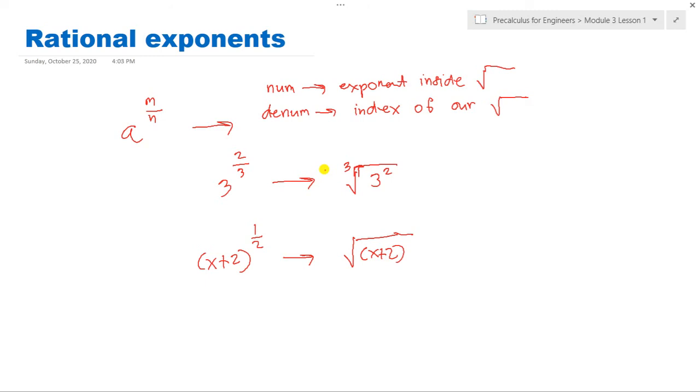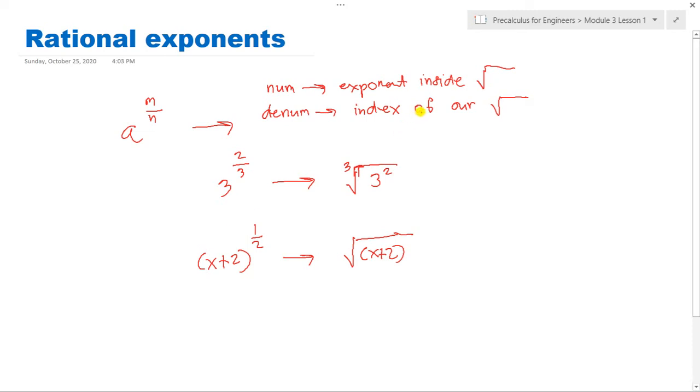And then for rational exponents din class, ma-apply mo rin yung mga laws ng ating exponents kasi same lang naman sila yung treatment nila. Na i-add mo lang, so para ka lang nag-add ng fractions. Kapag nag-subtract ka rin, para ka lang nag-subtract ng fractions. So apply mo lang yung rule from the lessons in our module 1.